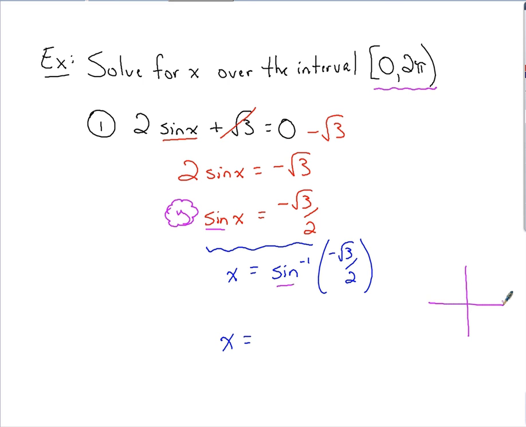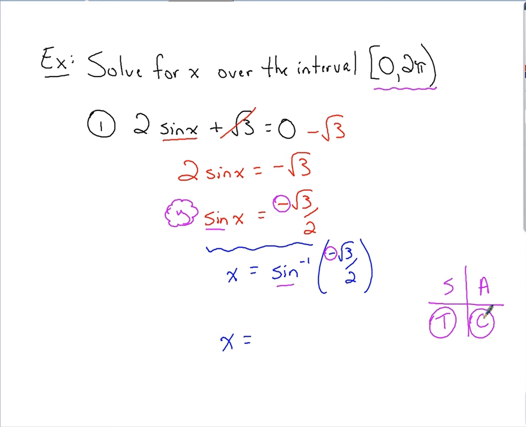So let's think about this. First of all, this is a negative value, right? And we're talking about sine. So if we set up our little All Students Take Calculus idea, sine is positive in the first and the second quadrants, right? So we want solutions from the third and the fourth, since this is a negative value we're inserting into the inverse.